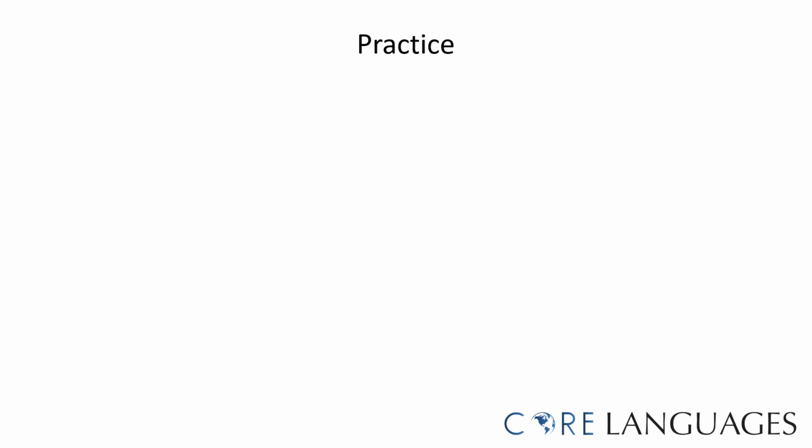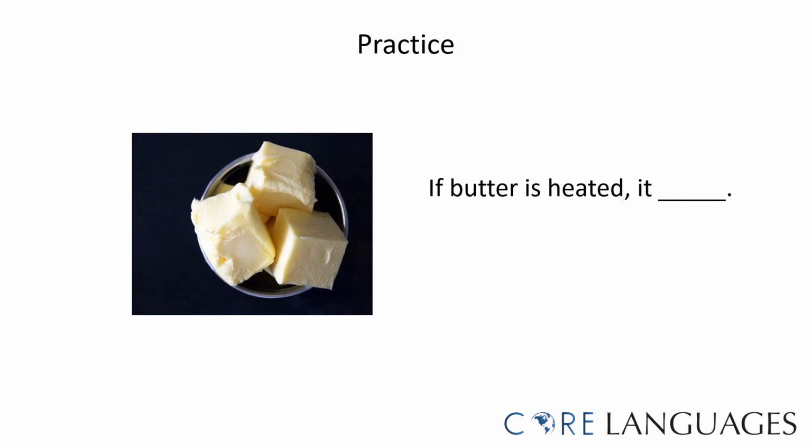And what happens if butter is heated? If butter is heated, it melted or it melts. Remember that for the zero conditional, the verbs in both clauses need to be in the simple present. If butter is heated, it melts.